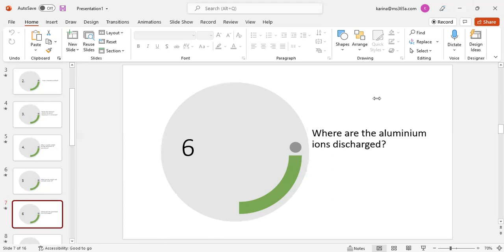Okay, next question to Ashlyn. Where are the aluminum ions discharged? So during this electrolytic process, where are the aluminum ions discharged? Okay, this question is for Ashlyn, yeah?